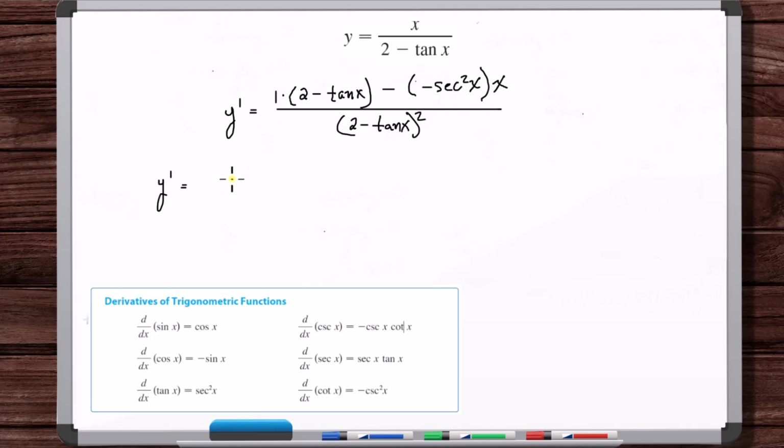Okay, so we've got 2 minus tangent x plus x secant squared x over 2 minus tangent x squared. And that's the derivative.